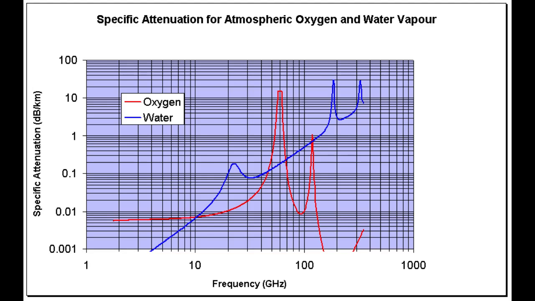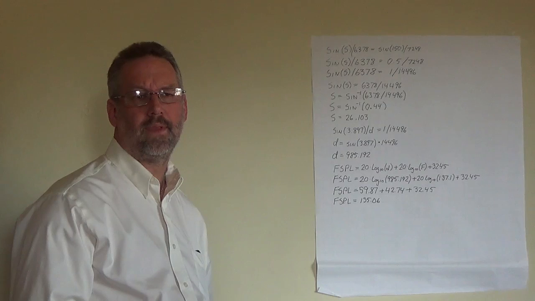Now if we kind of project over that way, the effect of oxygen on our signal could be projected at 0.005 decibels per kilometer of signal attenuation. Again, this is an approximation, but it's close enough.